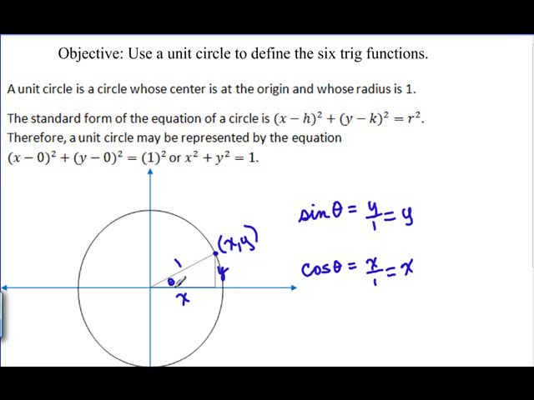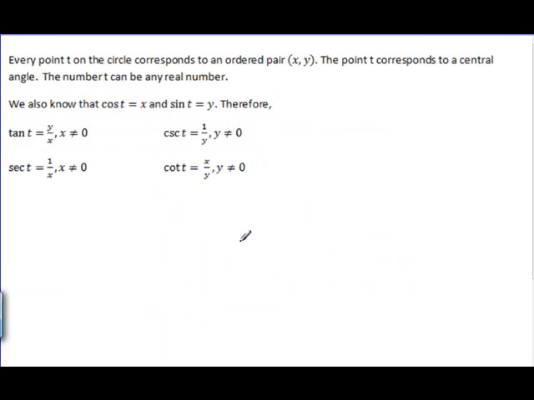But this is really interesting then. If we have any angle theta and it intersects the unit circle, that point (x, y) on the unit circle actually has the coordinates which give us cosine theta, sine theta. That's pretty cool, huh? So now we can use that and extend our definition.